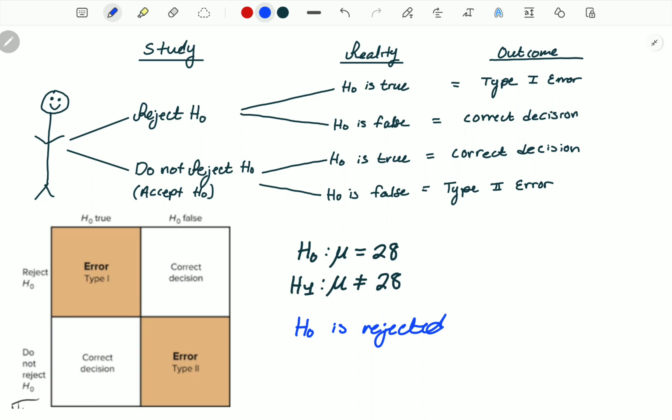So since the null is rejected, I'm going to put an X through my null hypothesis. Based on the fact that the null is rejected, we have two decisions we can have. It can be a type 1 error, or it can be a correct decision. So in our study, we rejected the null. I'm going to put study over here as well.